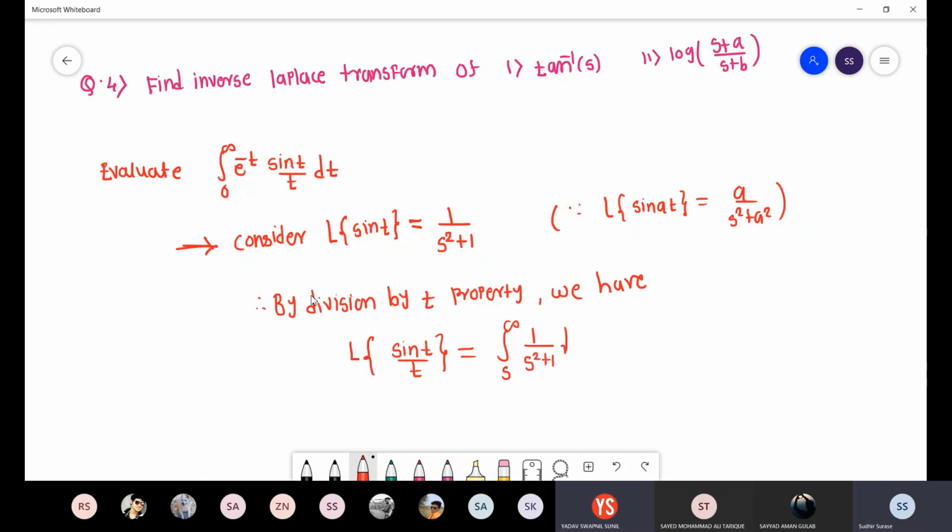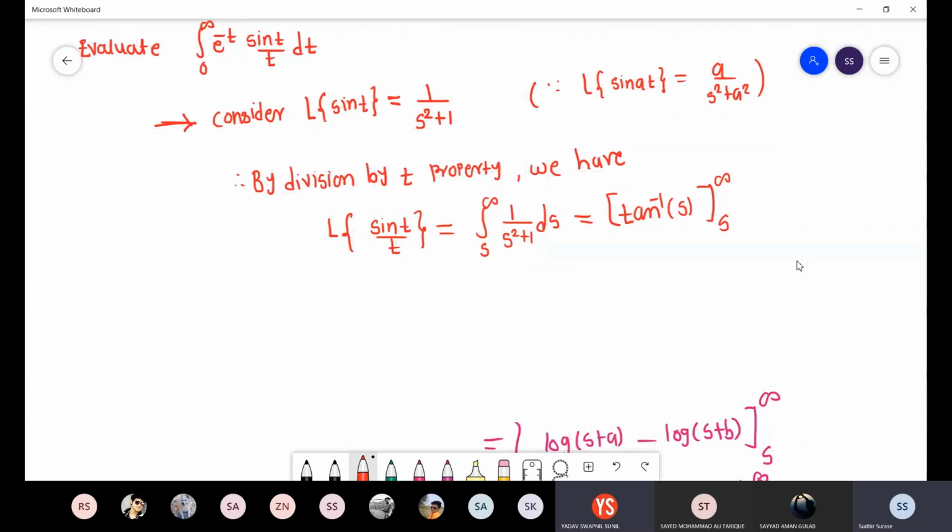And this is simply what? It is equal to tan inverse of s, from s to infinity. Now what is tan inverse infinity? Pi by 2. Okay. Pi by 2 minus tan inverse s. So this is the Laplace transform of sin t divided by t.